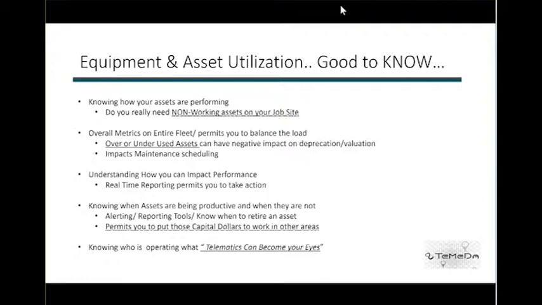Oftentimes companies have pieces of equipment of the same make, year, and model, and one of those assets they've essentially worn out, while the other is not being used. Is that a good balance or not? These tools help you manage that balance. They help you know when to liquidate an asset and what the performance is. So it's more than just what's going on in the job site itself.